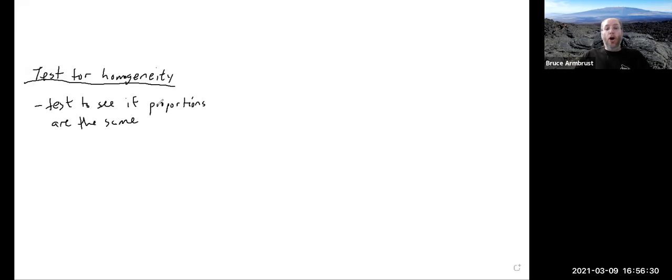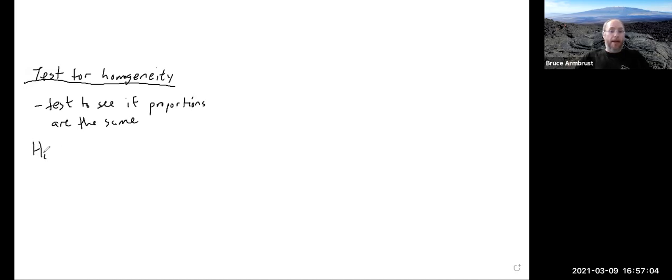So there's a word, homogeneous. In math, homogeneous means that it's distributed the same, it's spread the same. We can say a population is homogeneous if it's all the same. So homogeneity is a question of, are these things the same? And specifically, we're looking for proportions that are the same. Now, it can be 2 proportions, it could be 3, it could be 4, it could be 100.